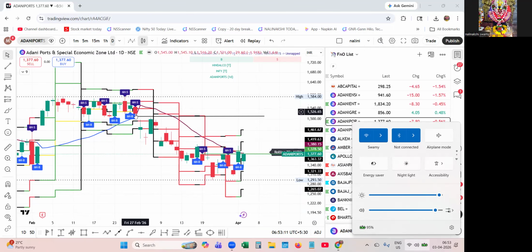It started from February 27th till Wednesday, 18th March. There one interesting thing started: price making lower highs and lower lows, and we were continuously getting 6-hour sell.